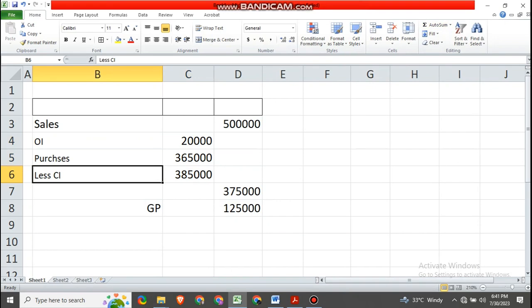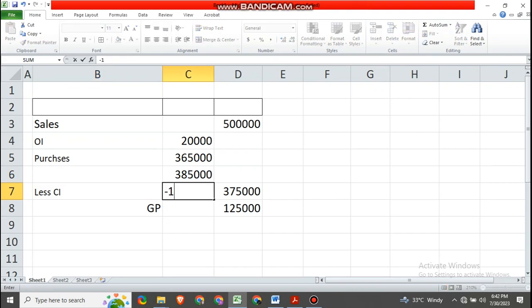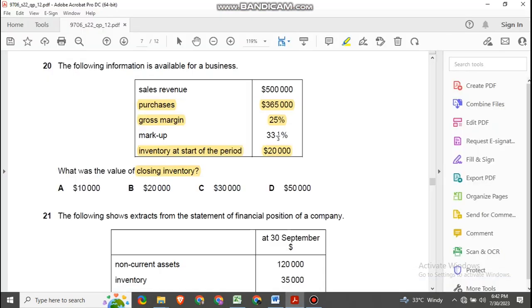And from this figure we need to subtract closing inventory. So how much should I subtract so that it would be 375,000? It is minus 10,000. If I subtract 10,000, then my cost of sales would be 375,000. So my answer to this question is 10,000, which is option A.